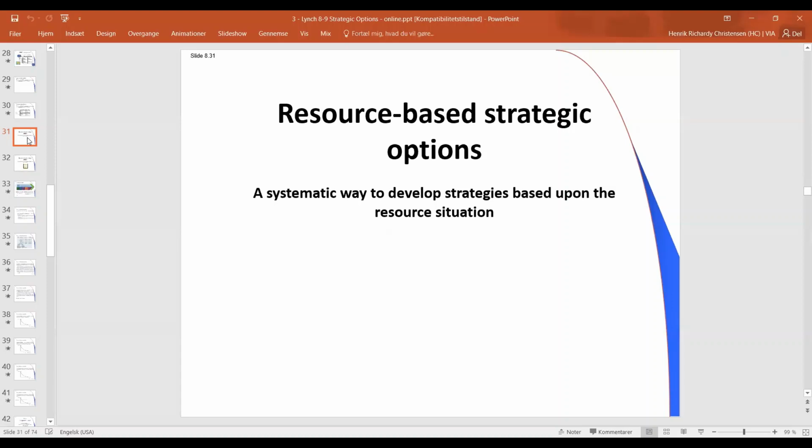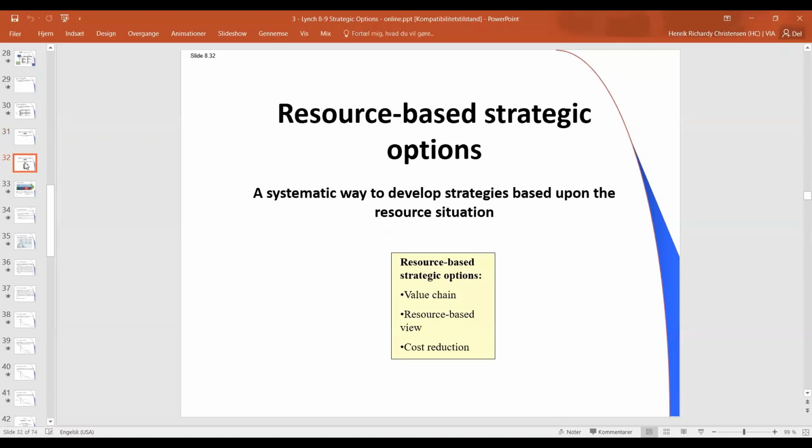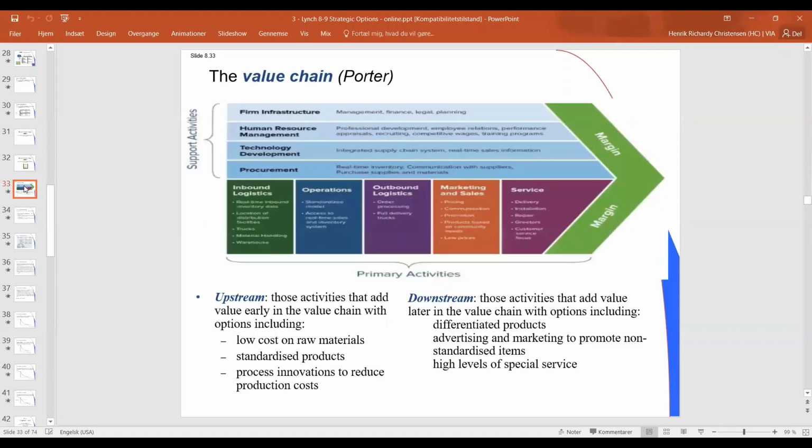Now turning to the resource-based options, this is a systematic way to develop strategies based upon the resource situation. And remembering back to one of the first slides, we talked about value chain, resource-based view, and cost reduction. So we'll try to go through these. The first one, the value chain.